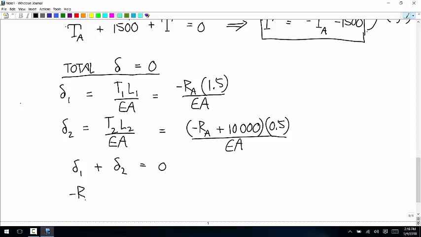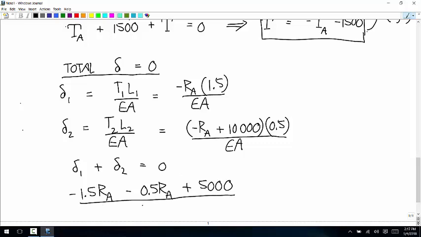So negative, let me write this, negative 1.5 RA minus 0.5 RA plus 5,000, and it's all divided by EA, has to be equal to 0.